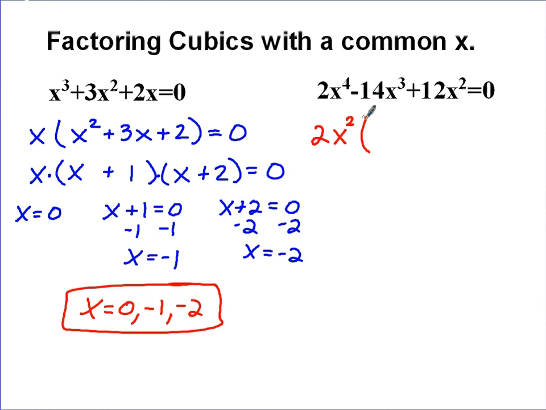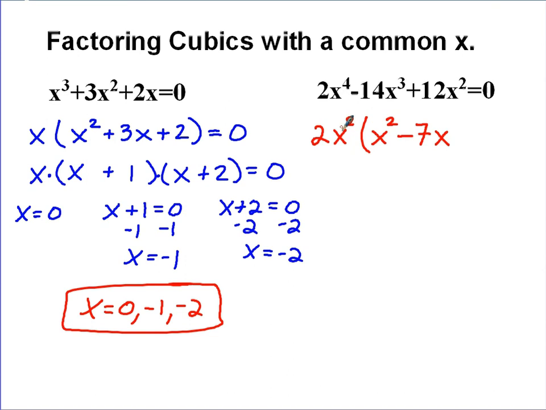Now, 2x squared times something is going to get me 2x to the fourth, and that's times x squared, because x squared times x squared is x to the fourth. And then what times 2x squared is going to get me -14x cubed? Well, 2 times -7 will get me the -14. X squared times x will get me the x cubed.